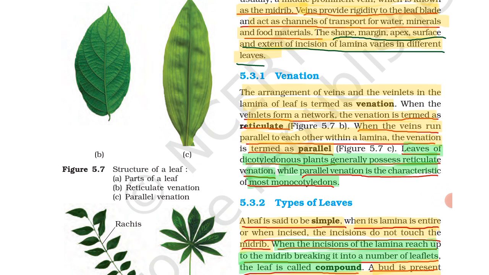And when these veinlets run parallel in the lamina, it is called parallel venation. So these are the differences between monocotyledons and dicotyledons: parallel and reticulate venation.